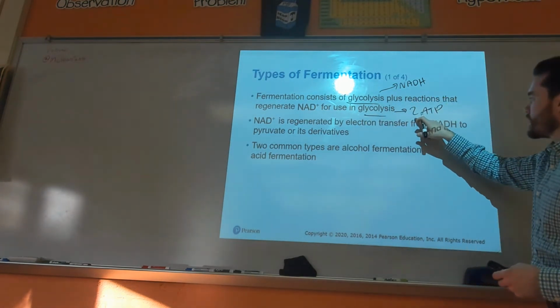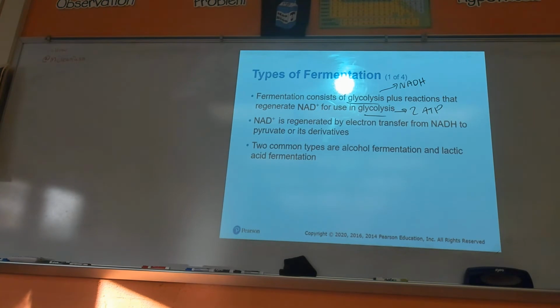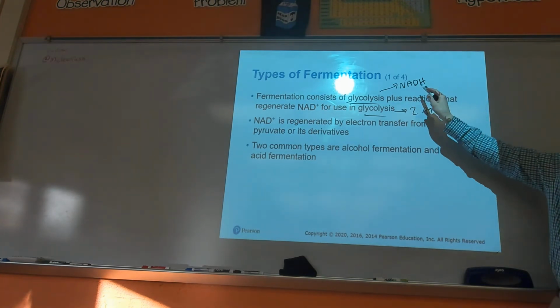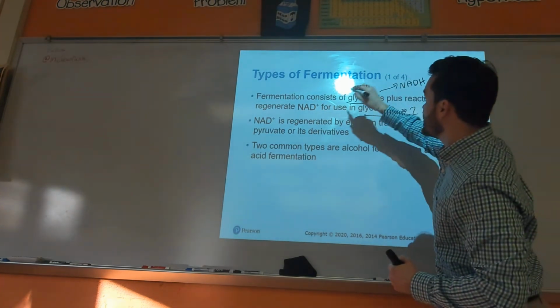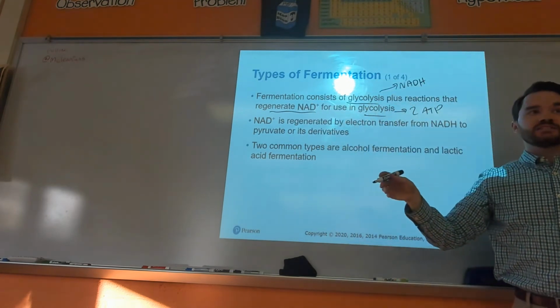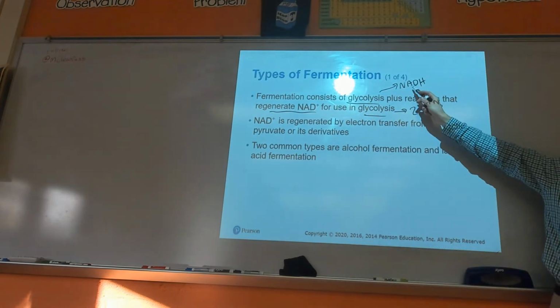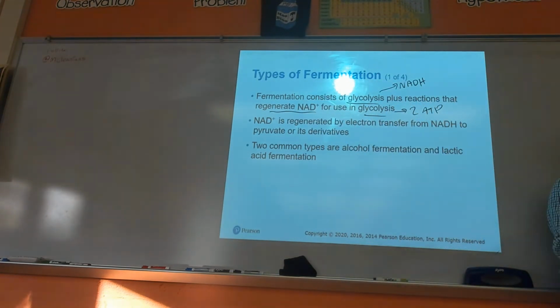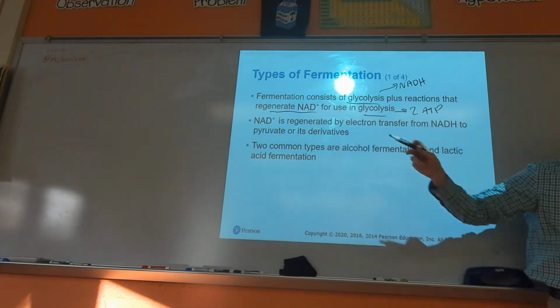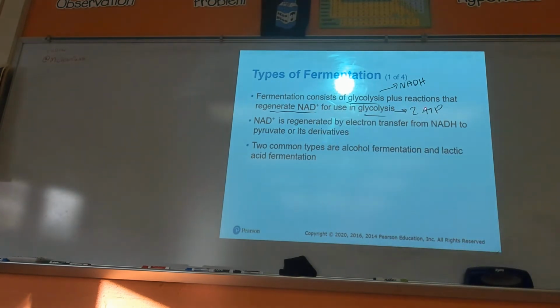So if you just do glycolysis, you make a small amount of ATP. But the issue is you have to find a way to regenerate your NAD+. Because eventually, if you make NADH and you don't keep regenerating NAD+, you won't be able to keep making the 2 ATP from glycolysis. So you have to regenerate the NAD+ eventually. That's really where the reaction of fermentation happens. And I'll show you the actual reaction on the next slide.